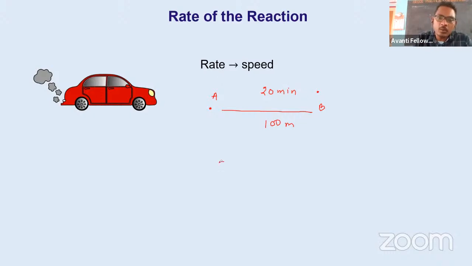Simply we can find speed equal to distance by time. The distance here is 100, divided by 20, which is 5 meters per minute. This is the speed of this car. Simple thing. So this applies to any work or mechanism.